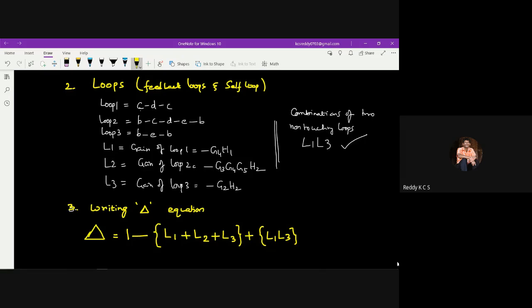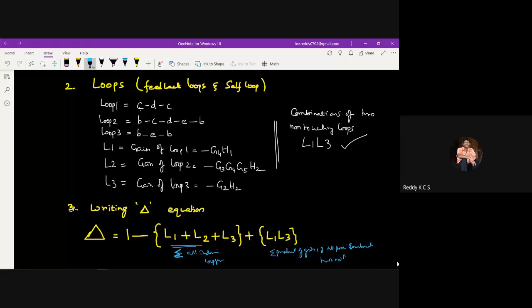The first term is the sum of all individual loop gains. This is sigma of all individual loop gains. The next one is the summation of the product of gains of all possible combinations of two non-touching loops.